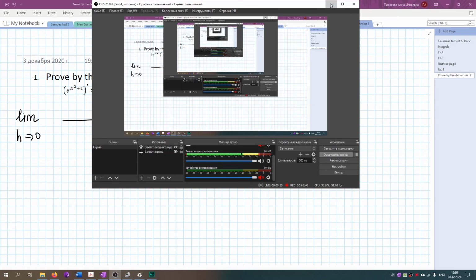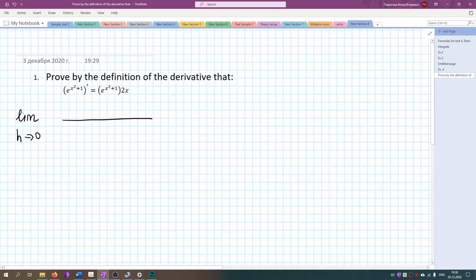And now the final task: how to prove the derivative by definition. Firstly, we need to take the limit of the function using the definition of the derivative. Here I'll write our function with the new argument x plus h.